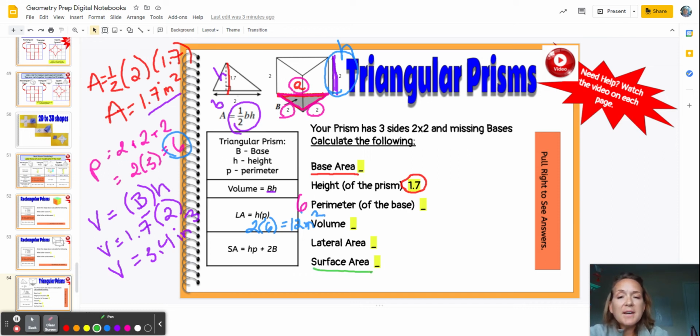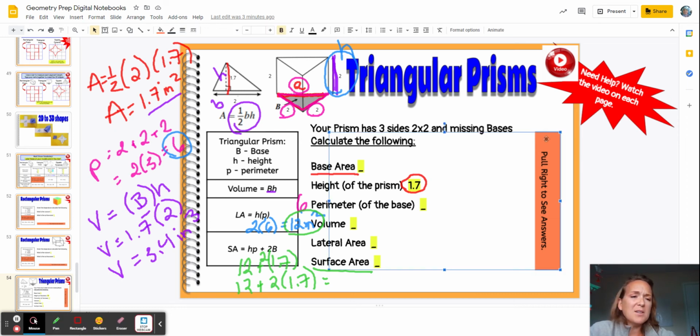The surface area is that lateral area. So the 12 plus the 2 bases. So HP is 12. One base was 1.7 and 2 bases. So 12 plus 2 times 1.7. And that's going to give us our surface area. Let's see what we get.